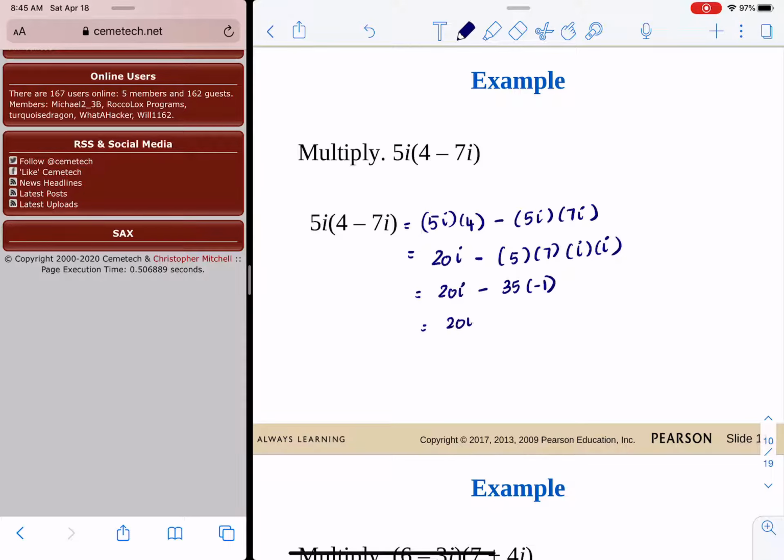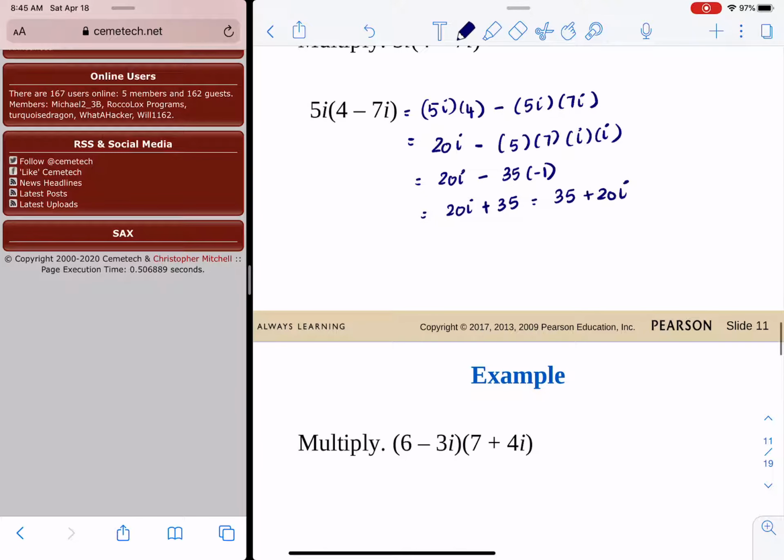So we have 20i plus 35. So the answer is 35 plus 20i. You may leave it as is, or you could take out the common factor, which is 5. So if 5 comes out of 35, we have 7. And if 5 comes out of 20, we have 4i.